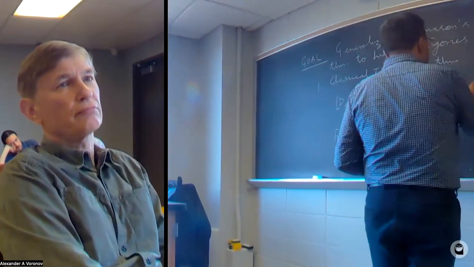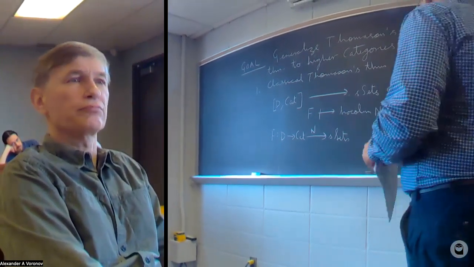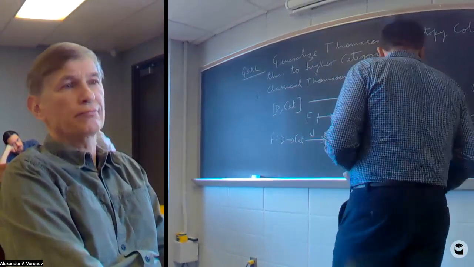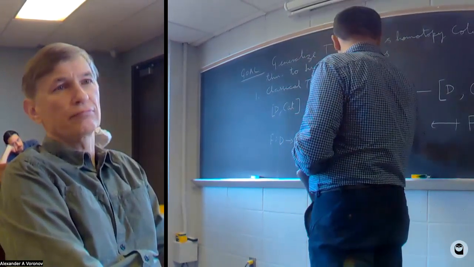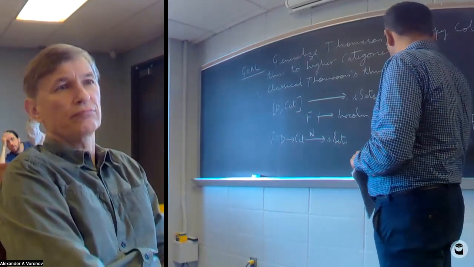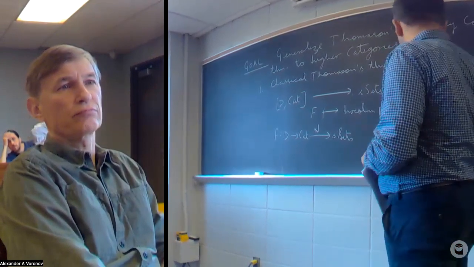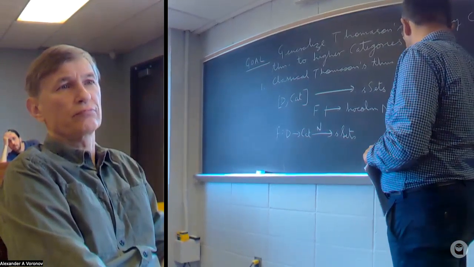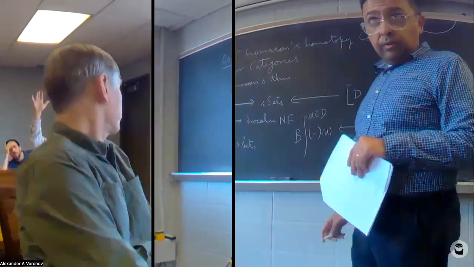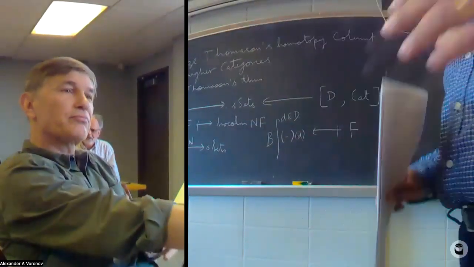Now, there's a functor in the other direction, which takes a functor F into the classifying space of the Grothendieck construction. Okay. Very fast. Yes, I know what the nerve of a category is.